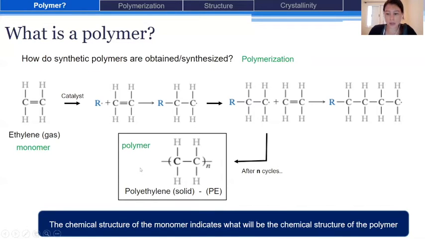In order to describe the chemical structure of a polymer, you can see that we only represent the repeating unit of the polymer within brackets, showing the covalent bond that is linking this repeating unit to the next ones.